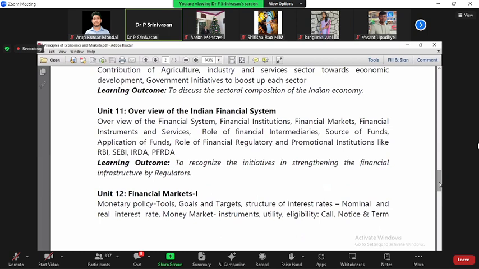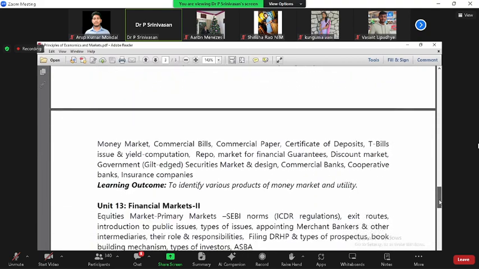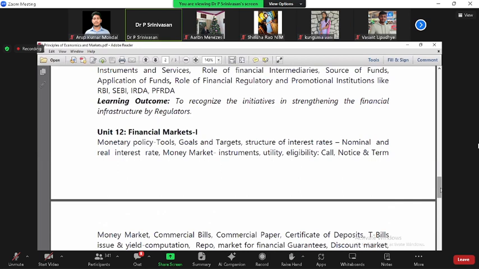And as I told you, from unit 11 to 15, we are going to discuss the financial market, the money market and the capital market. We are going to discuss its structure, and the various instruments of the money market and of the capital market.